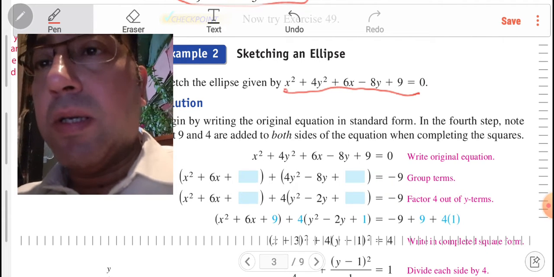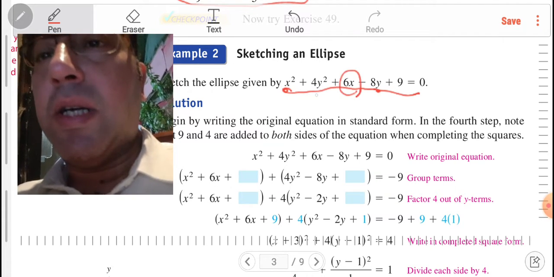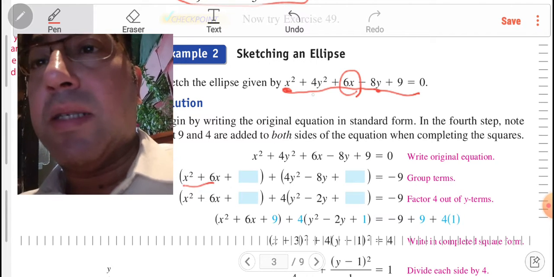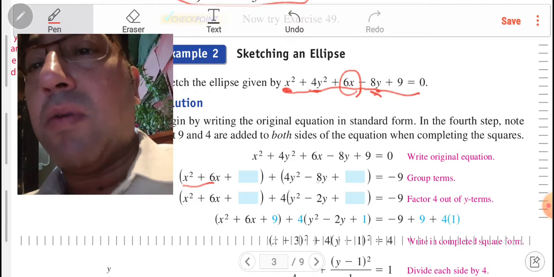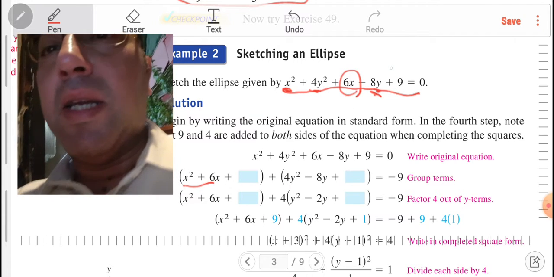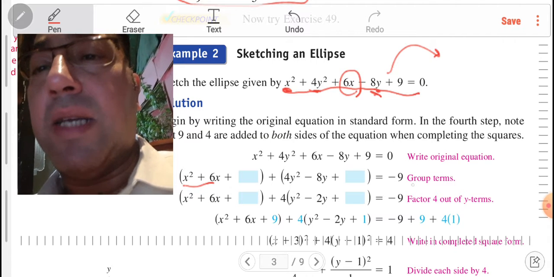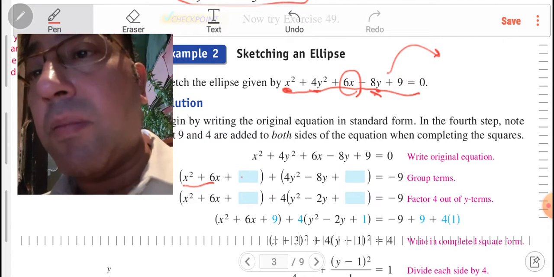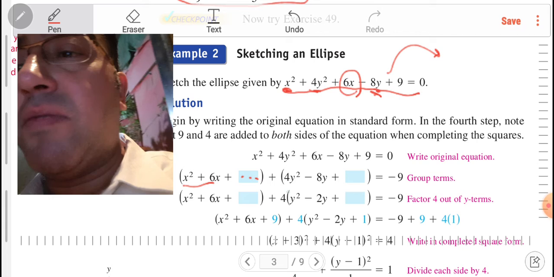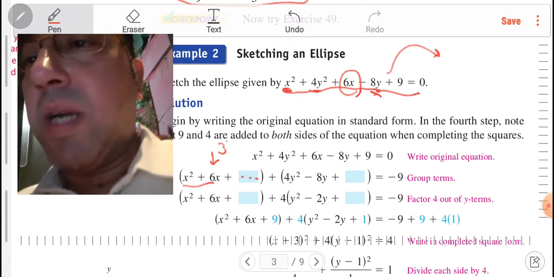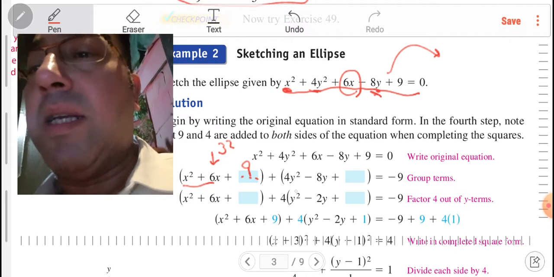First, take the x parts here, x squared plus 6x, plus the y parts, 4y squared minus 8y, and rewrite plus 9 on the right hand side as negative 9. Please search for a number: half the coefficient of x, squared. Yes, 9.